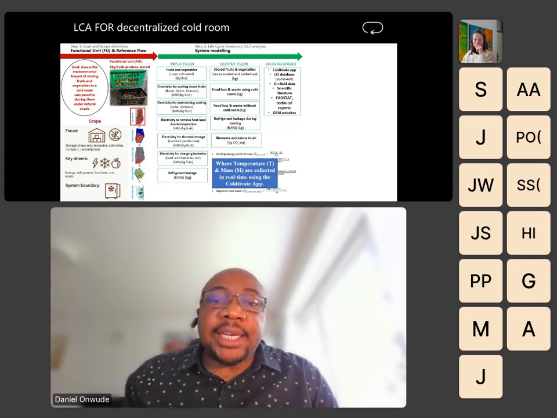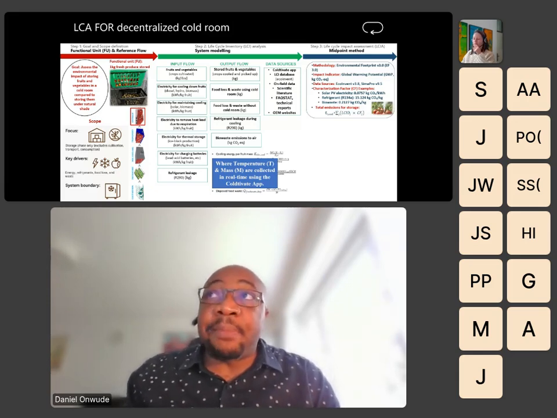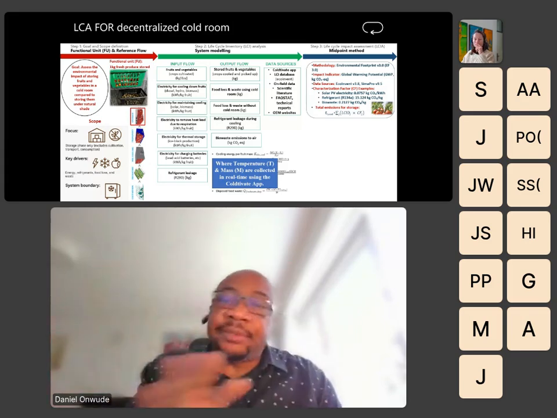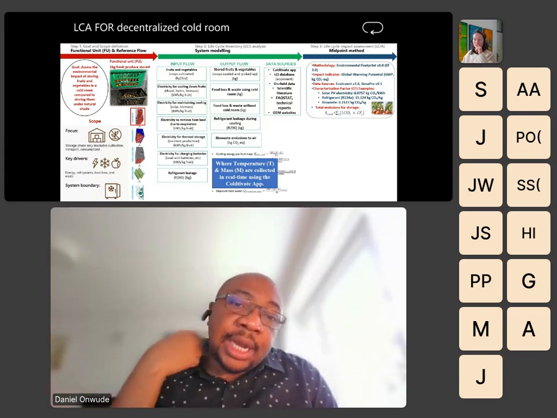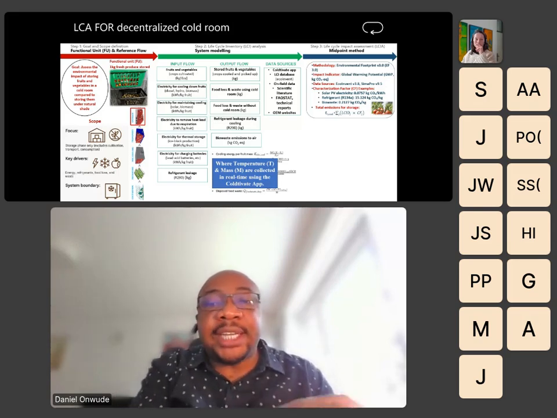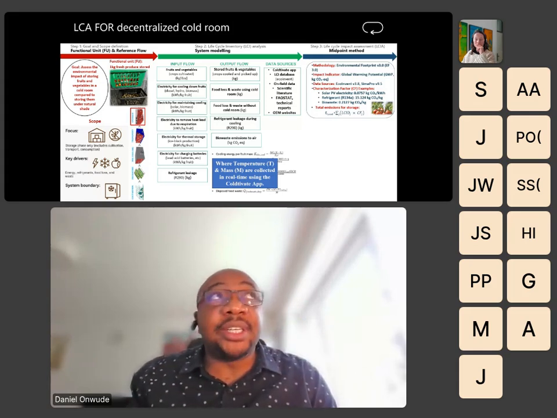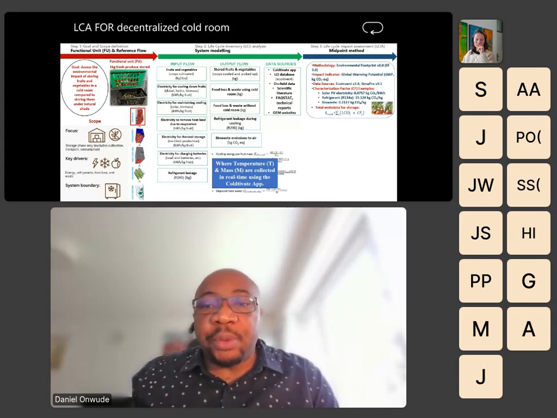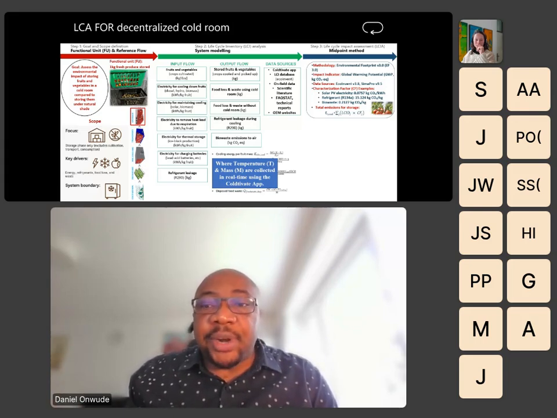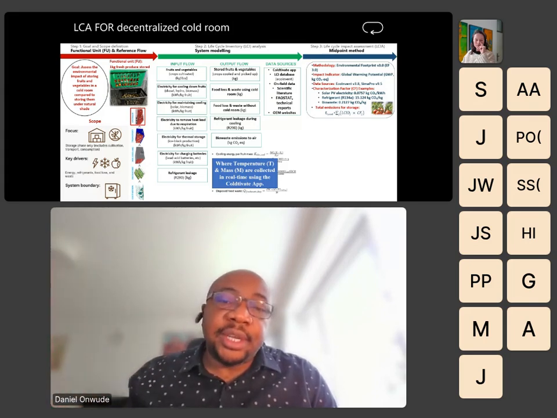Okay, and then the next thing is step 3, which is the life cycle impact assessment. As I already explained, the different categories. So here we use midpoint, as is often the case. The idea is we translate all these inventory flows into climate impact, right? Using, in our case, the global warming potential, or what is often called the GWP, which is expressed in kilograms of CO2 equivalent per functional unit.